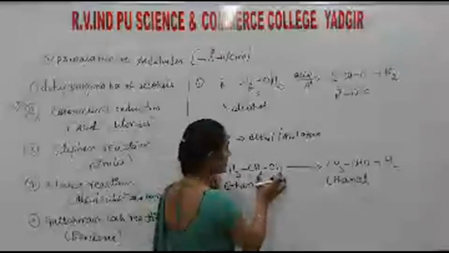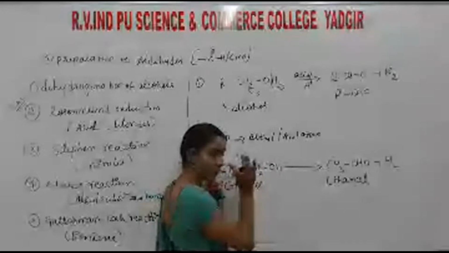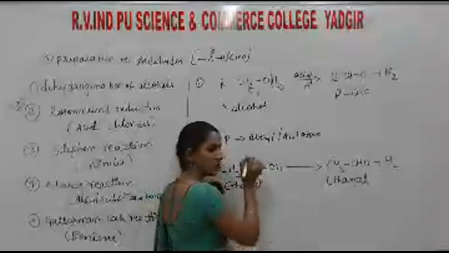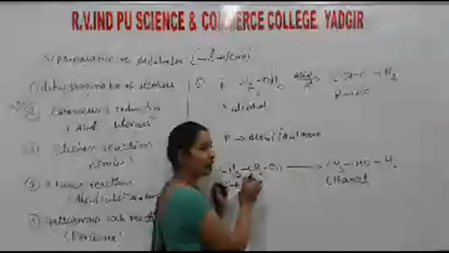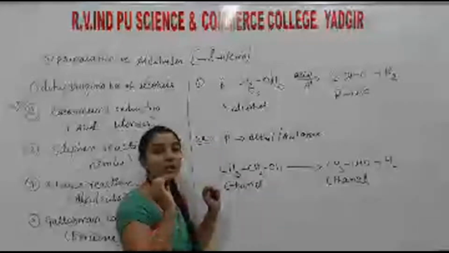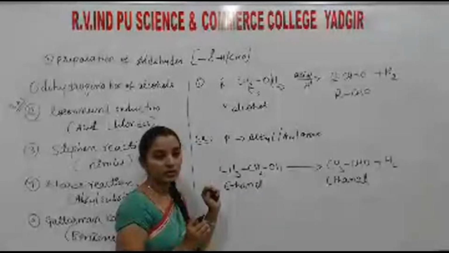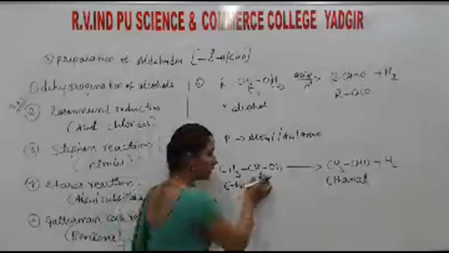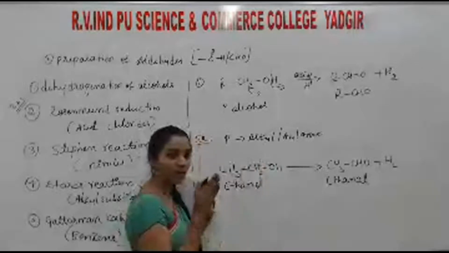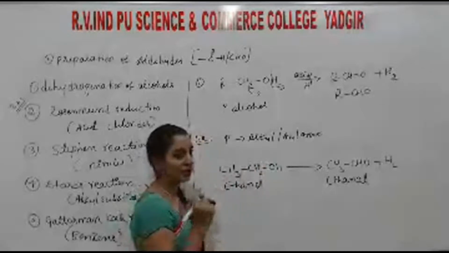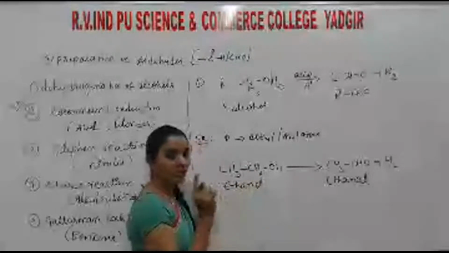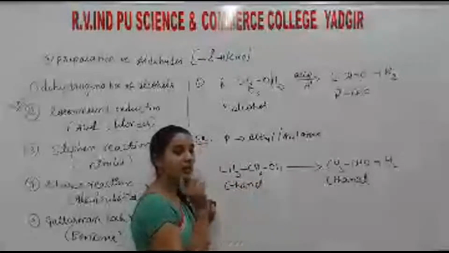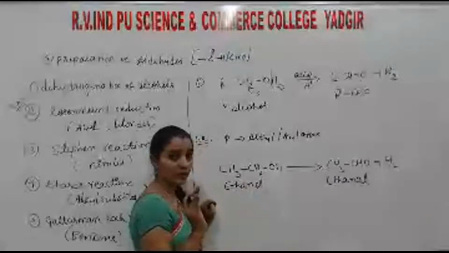The reaction takes place only between these two. And remember one thing: where the OH group is attached, that carbon should have at least one hydrogen. We require at least one hydrogen to remove, either to form aldehyde or to form ketone. If there is no hydrogen, remember, it is always an alkene.